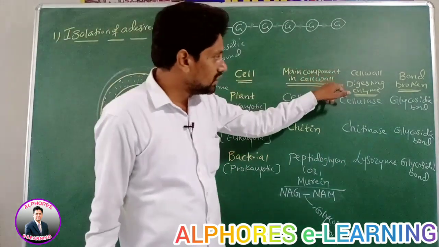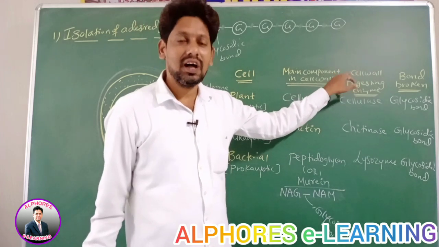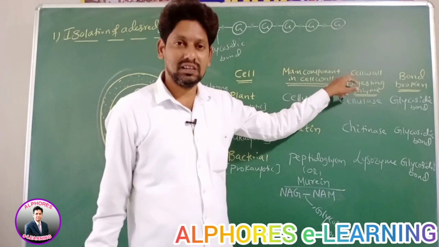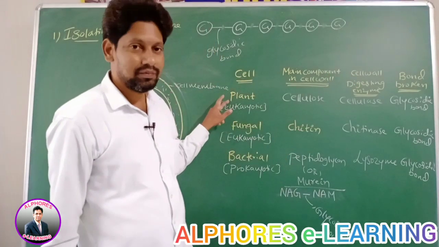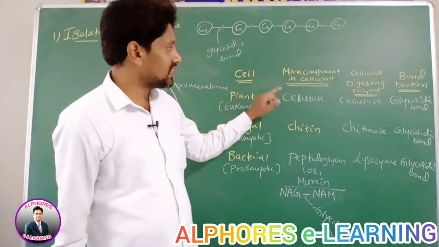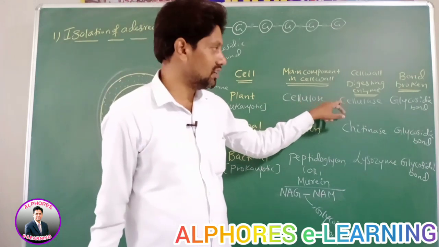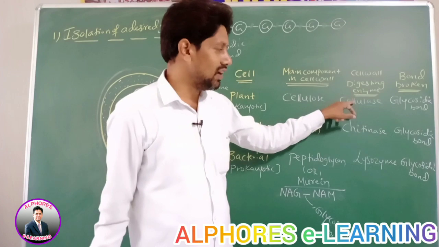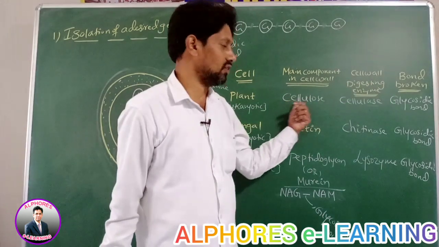Therefore, by using cell wall digesting enzymes or cell wall hydrolyzing enzymes, what gets removed? The cell wall is removed. If it's a plant cell, as the main component in the cell wall is cellulose, the enzyme used is cellulase, which breaks the glycosidic bond present between glucose units of cellulose.